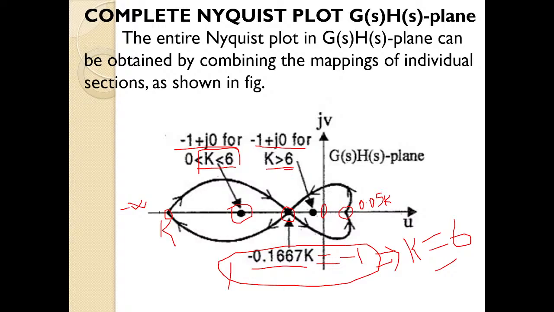If k is greater than 6, then the intersection point will lie between -1 plus j0 and minus infinity.